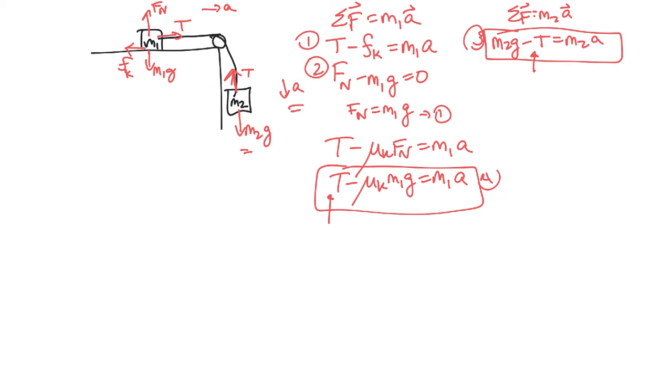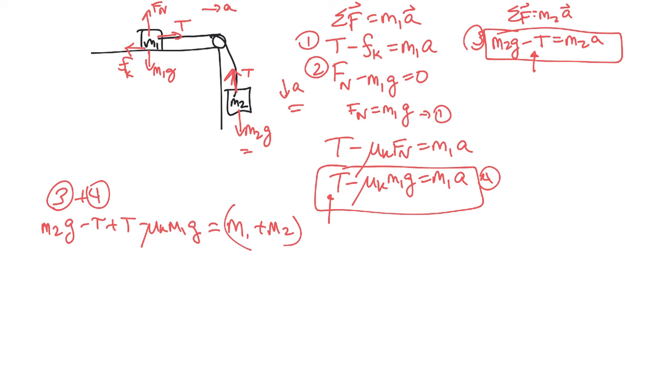If you call this equation 4, I'm going to add 3 plus 4. The left-hand side, M2G minus T, plus T minus mu K M1G, and then we add the right sides, and it's M1 plus M2 times A. My T's go away, and I get this lovely result.